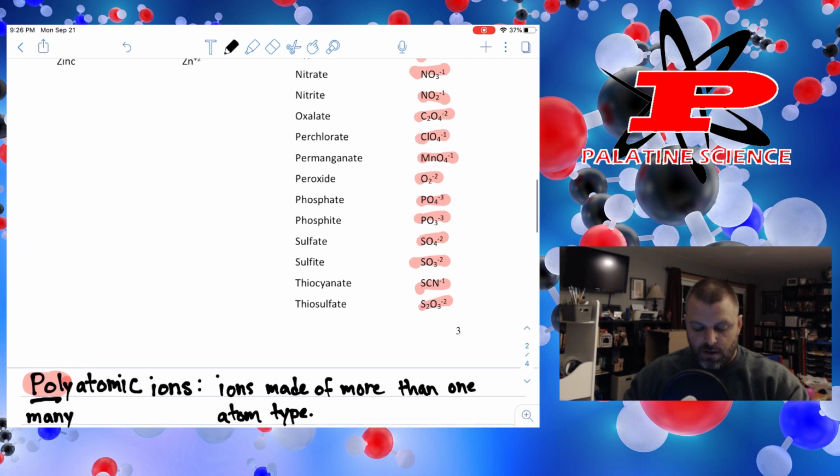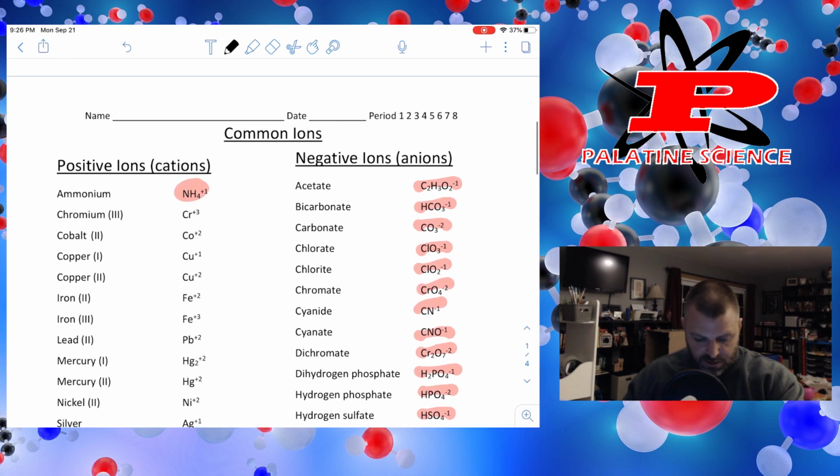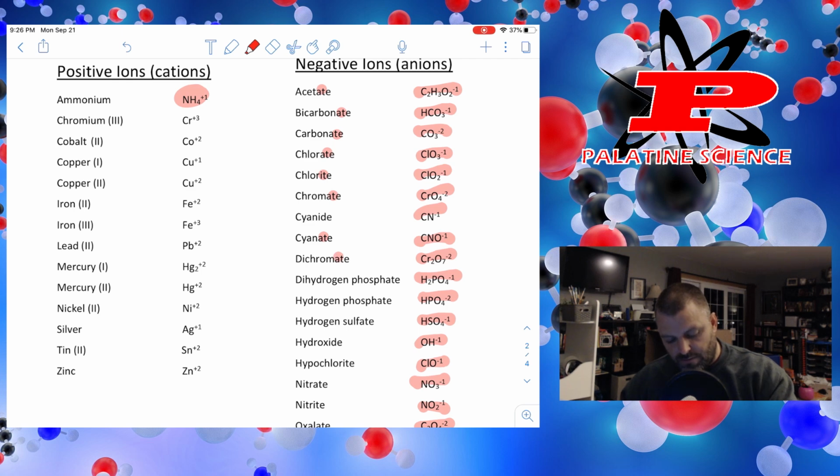Because notice up here we have a bunch of ions. We have acetate, carbonate, bicarbonate, chlorate, chlorite, chromate. Here is one exception: cyanide. That's an exception to the rule. Cyanate, dichromate, dihydrogen phosphate, hydrogen phosphate, sulfate, and you get the idea. All of those compounds end in -ate or -ite.